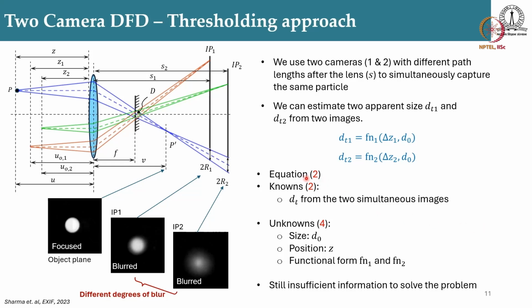We know there are two equations, but we still don't know the functional form, and we have two knowns now. So we have this thresholded size from the two images, but we have the same two unknowns, d naught and the position z, but we have two functions which we don't know how they look, like the functional form is not known. So still it seems like we don't have enough information to solve the problem, but it looks like we are going in a right direction.